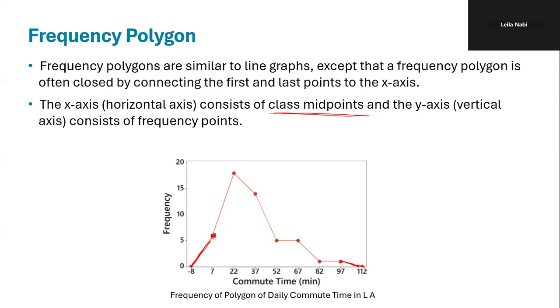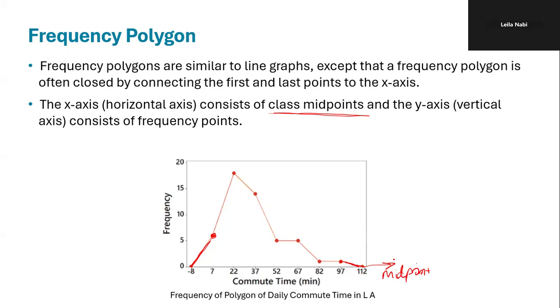Okay, so for the data in the horizontal axis, we put the midpoint. So that means we only use the frequency polygon for quantitative data, when we have numbers, when we have classes, when we have a big data set, we put numbers in classes and we use the midpoint of each class as a data. Okay.